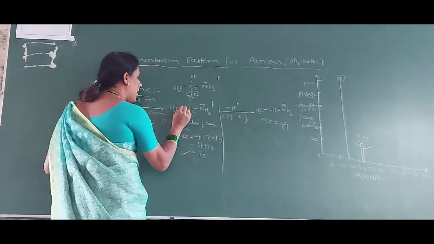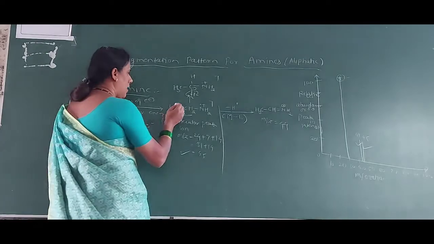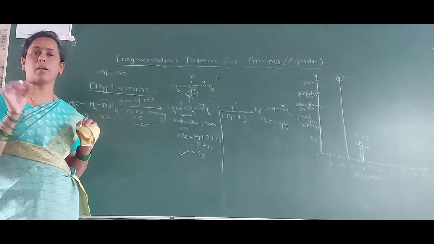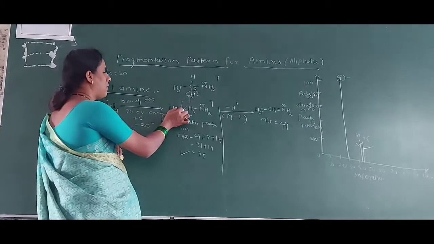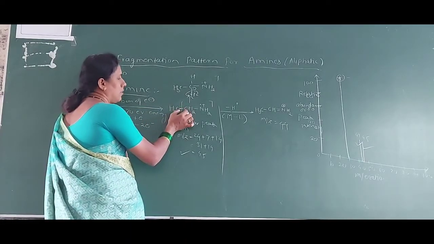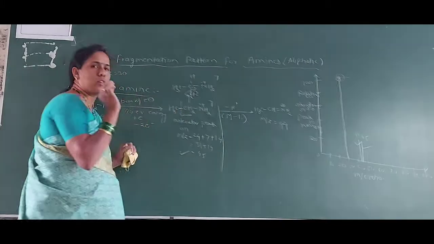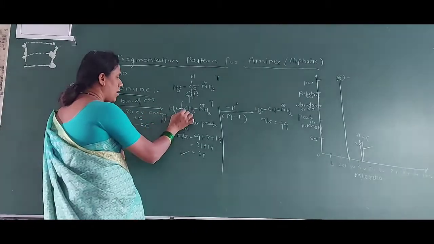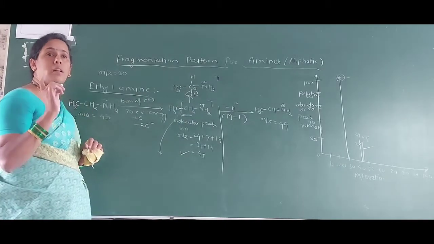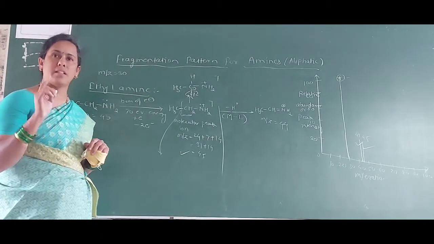How will you get the peak at the m by z ratio equal to 30? Let us see here. If we remove this bond, which bond? The carbon-carbon bond in between first and second. That is this alpha bond. We get m by z equal to 30. We can check here, in which way? That is removal of an alkyl group as a radical.